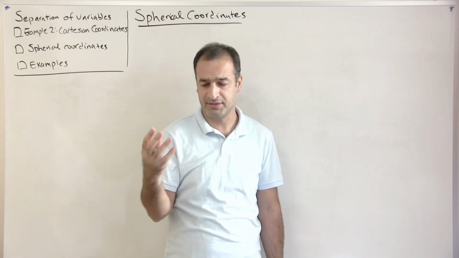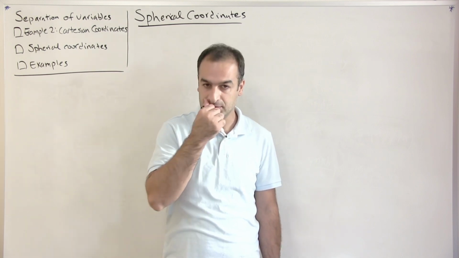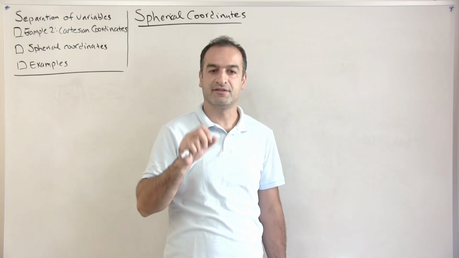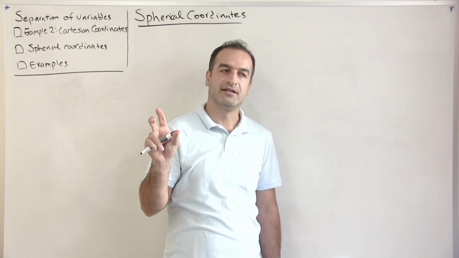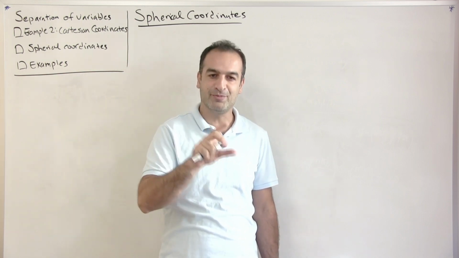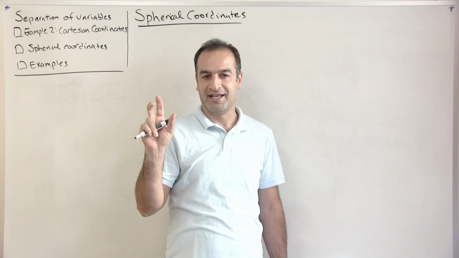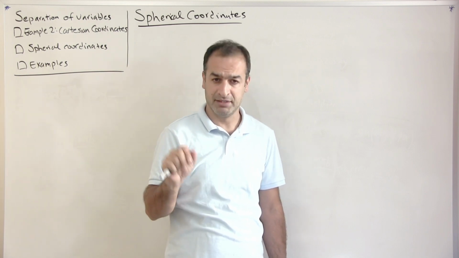Then I want to look at solutions that are a function of the radial component times the polar component theta. So R and theta are the variables we're going to look at.